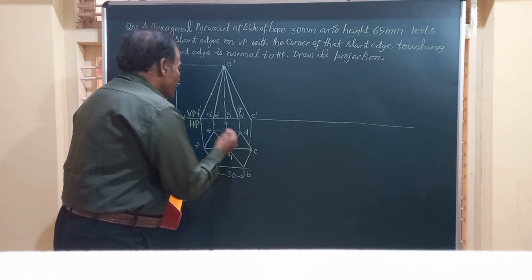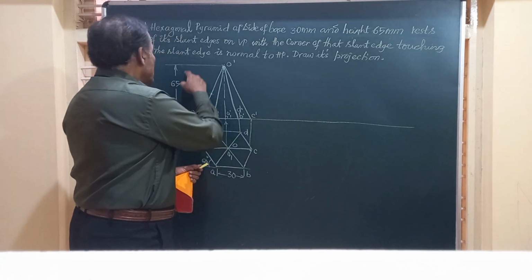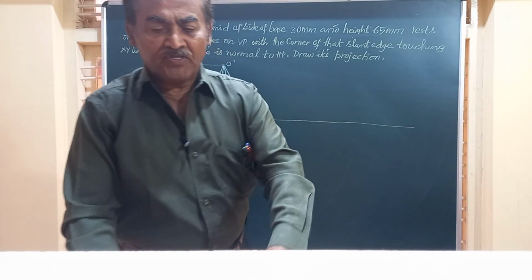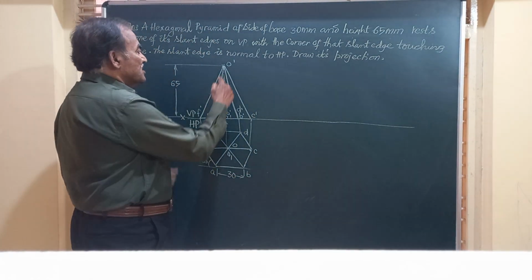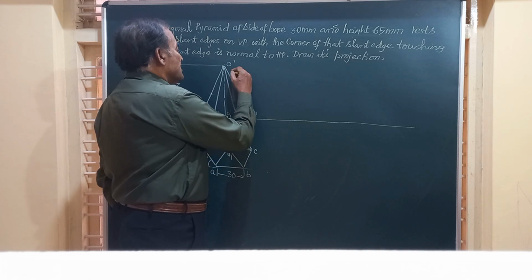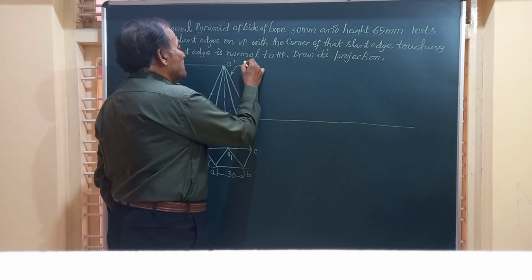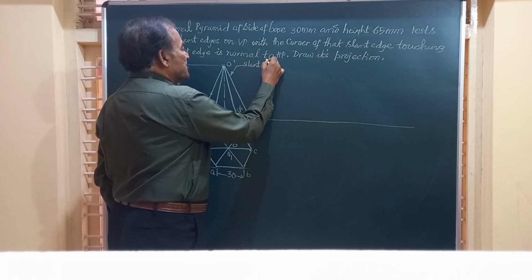And friends, we have got the front view drawn to a height of 65. The top view is a regular hexagon with the center joined to all the corners. Now friends, the last line here, that is O dash C dash, represents one of the slant edges. I'll write down here, it is a slant edge.